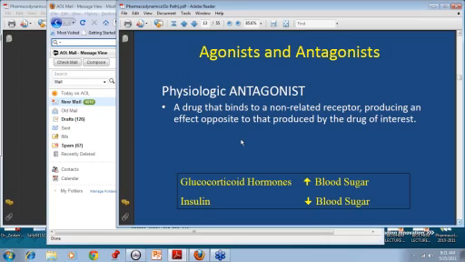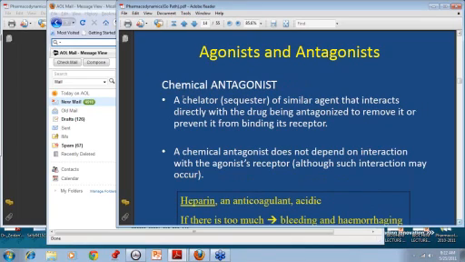I'm actually in the process of publishing a text on it now. I love it. So insulin acts in a reciprocal manner. So you have the opposing effect here. Insulin functions as a physiological antagonist for glucocorticoids. This is the understanding that you really need to achieve.